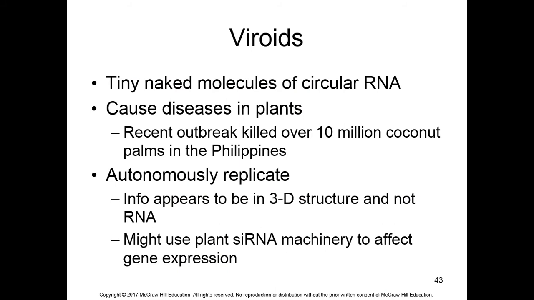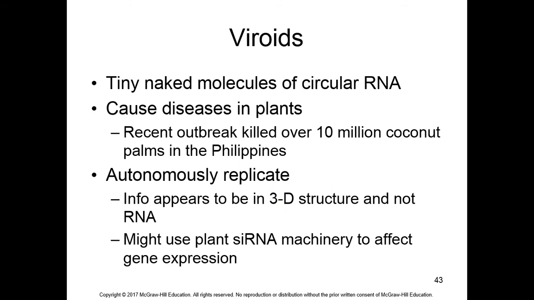Now, what are viroids? These are tiny naked molecules of circular RNA. No capsule, no capsid, no envelope, only the circular RNA, and they cause disease in plants. Viroids are more known for infecting plants.